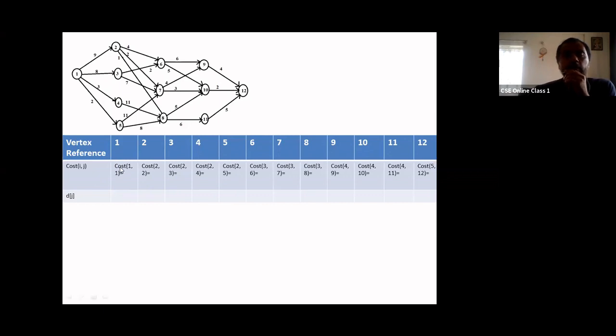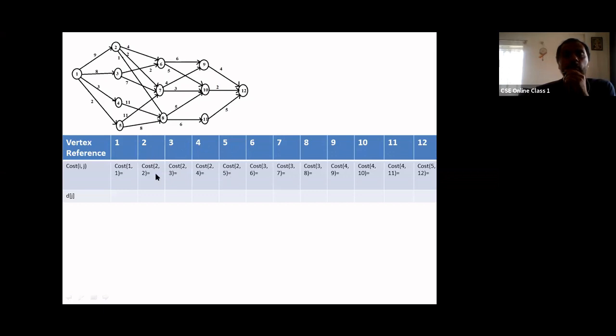In stage 1, vertex 1 is there, so we have cost of 1, 1. Then stage 2 has vertices 2, 3, 4, 5, so cost of 2, 2, cost of 2, 3, cost of 2, 4, and cost of 2, 5.